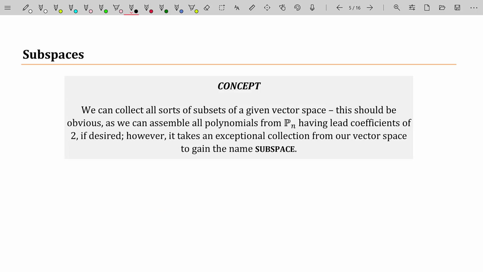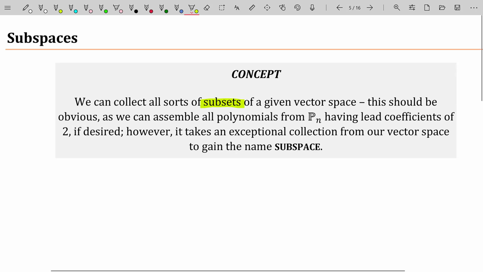But before diving into a subspace, let's step back a little bit and say that we can collect all sorts of subsets of a given vector space. Somebody hands us a vector space V, and we can collect a bunch of little elements, and each small collection is what we'd call a subset. Not that big of a deal. This should be obvious, as we can assemble all polynomials from P sub n, which is the set of polynomials of degree n or less.